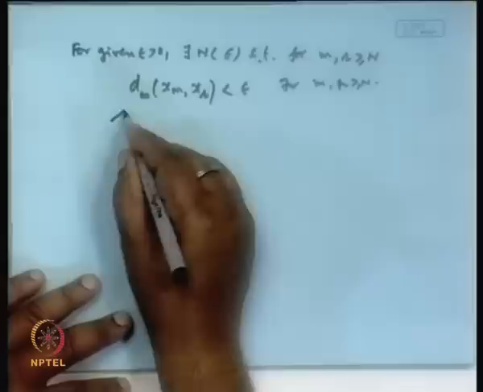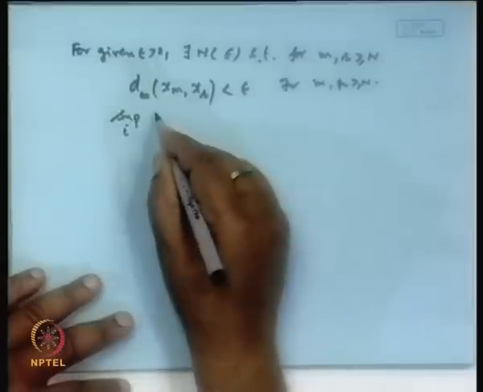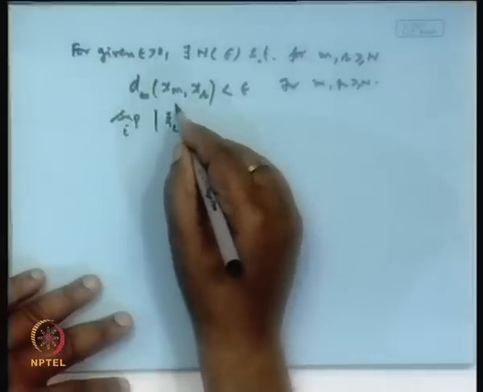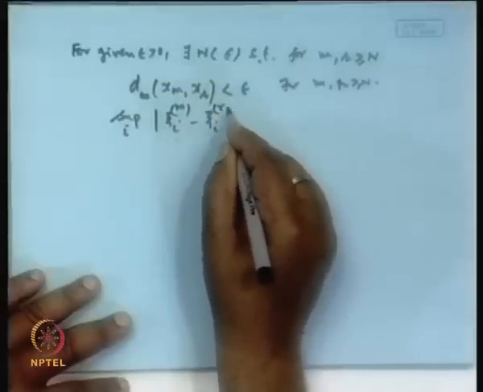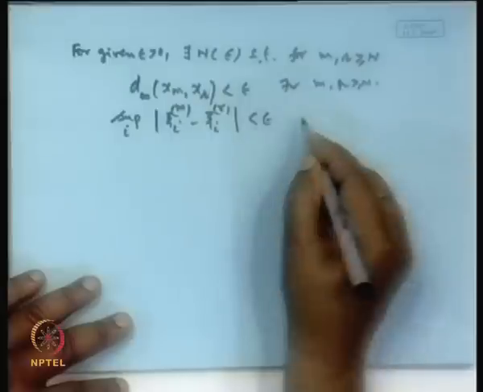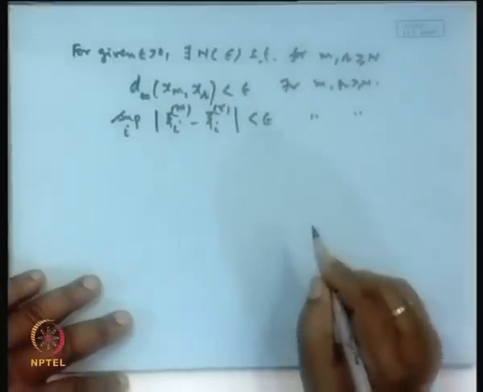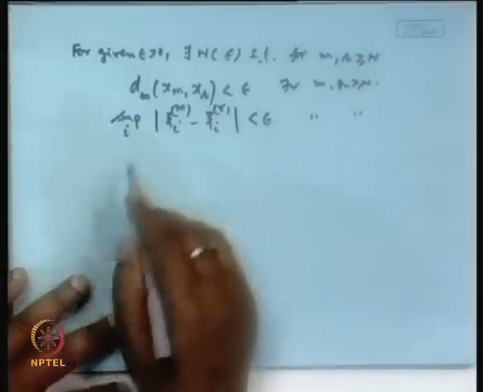It means the supremum over i of mod xi i m minus xi i r is less than epsilon for all m, r greater than or equal to N.